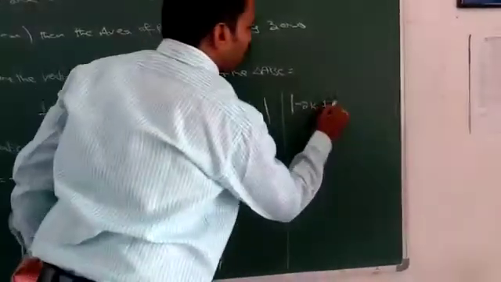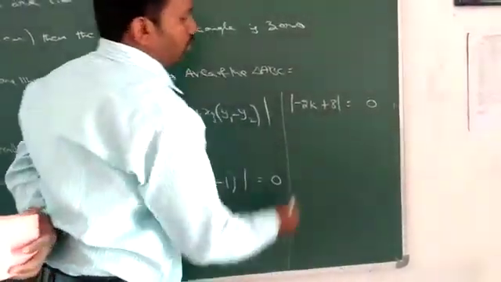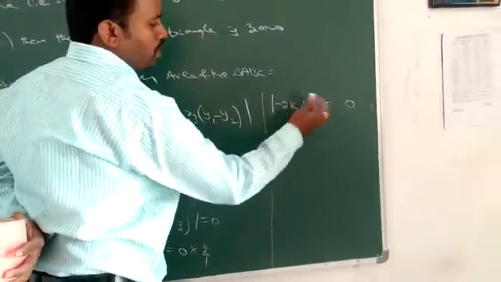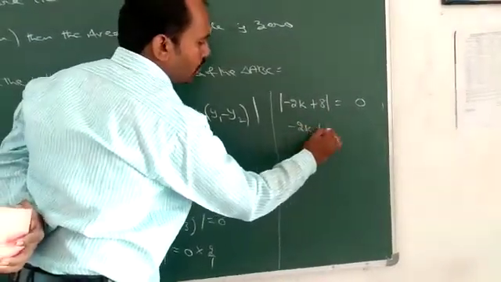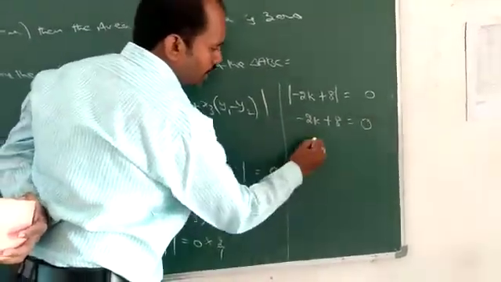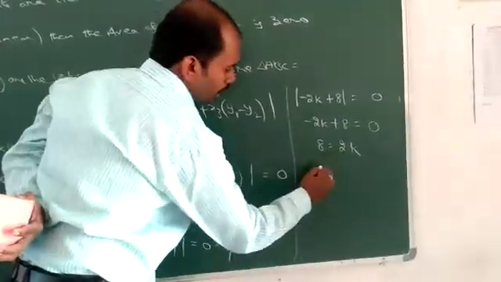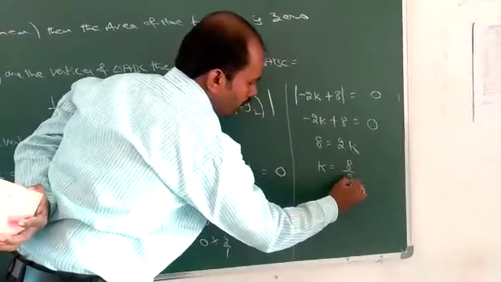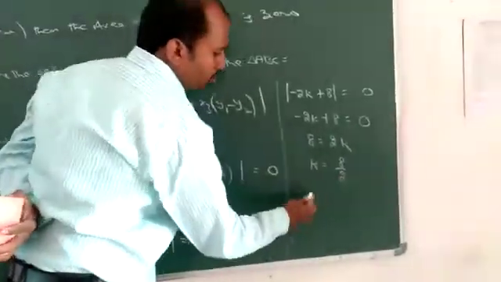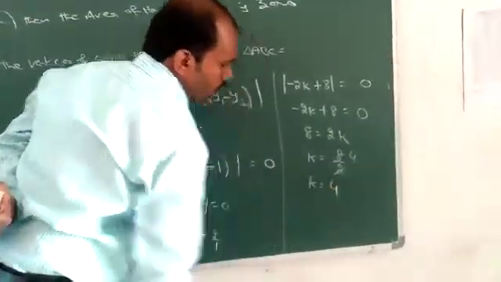Minus 2k plus 8 equal to 0 into any number, you write 0. Modulus is there, so you can remove it, you write plus values, so minus 2k plus 8 is equal to 0. You write minus 2k on the right side, 8 equal to 2k. Now 2k equal to 8 means k equal to 8 by 2. Multiplication, take to the left side, that is divided by, 8 by 2. K equal to simplification, 4 times, so k equal to 4.